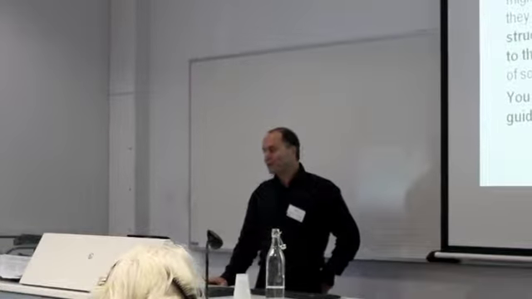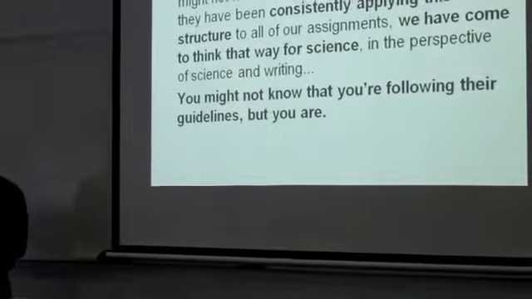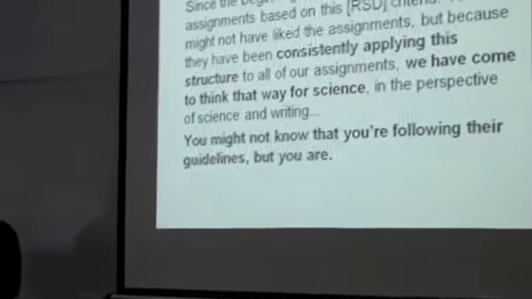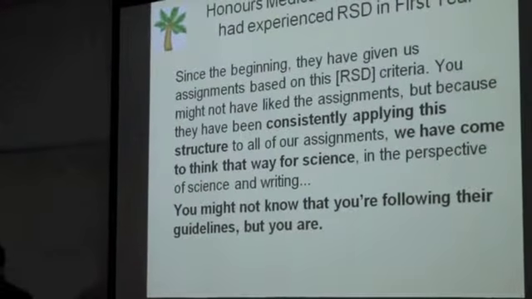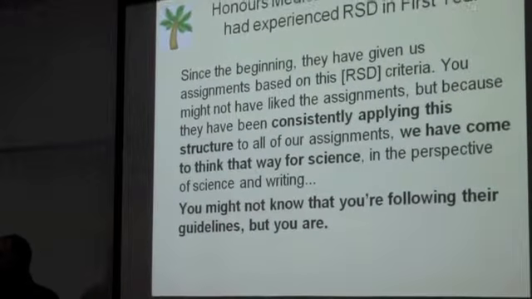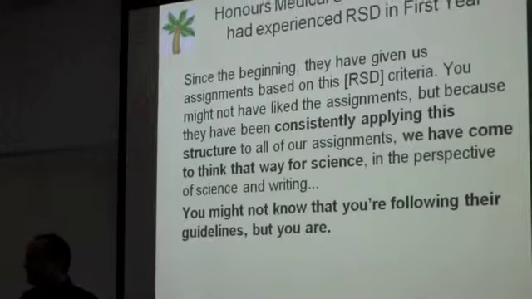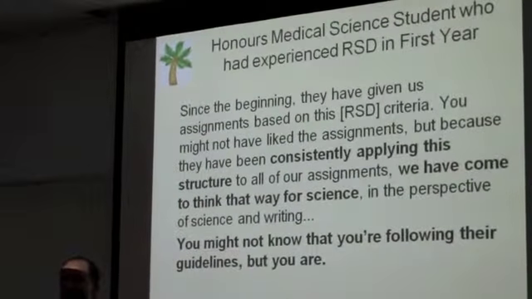You might not have liked the assignments, maybe you get low self scores or low student evaluation, but because they've been consistently applying this structure to all of our assignments, we've come to think that way for science. In the perspective of science and writing, it's a spooky bit, you might not know that you're following their guidelines, but you are. They got into our minds. We now do it without thinking about it.